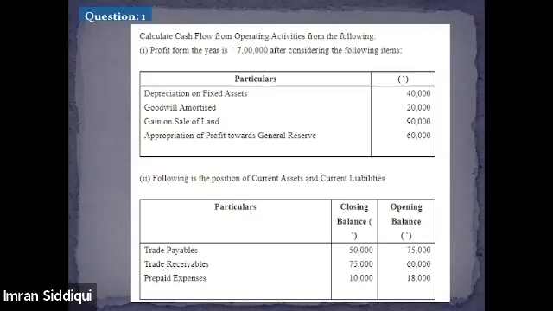All right. So in order to solve this question, you must remember the format of the operating activity. Unless and until you understand and remember or are able to recall the format, you won't be able to solve the question. All right. So let me just solve this question for you. Question number one.